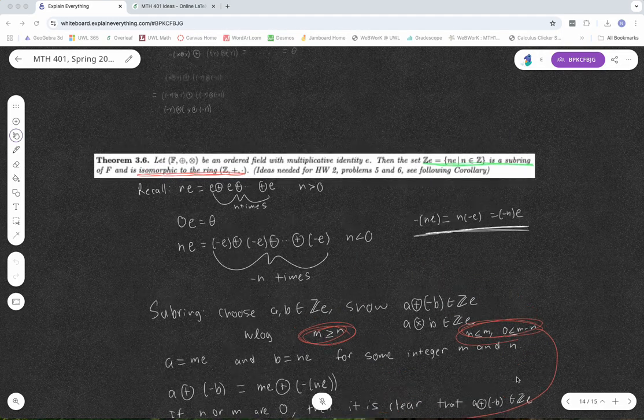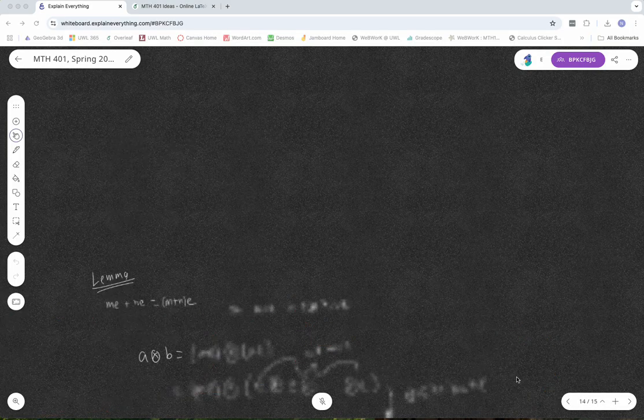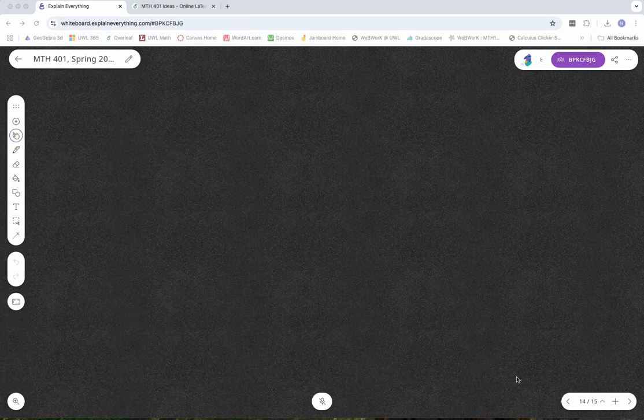Now we want to show that we're isomorphic. So we want to show that Z with plus and times is isomorphic to ZE with plus and times as rings.